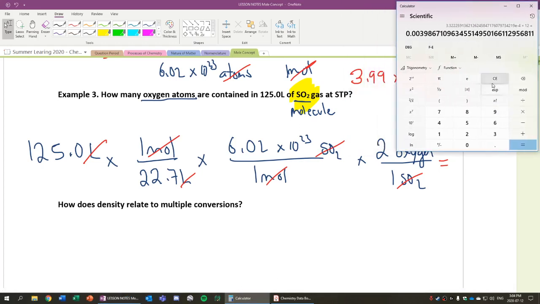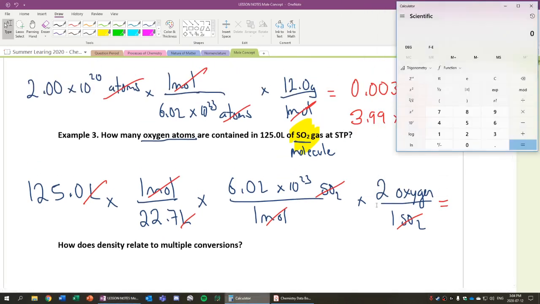So what I have here is 125 divided by 22.7 times 6.02 times 10 to the power of 23, times 2.